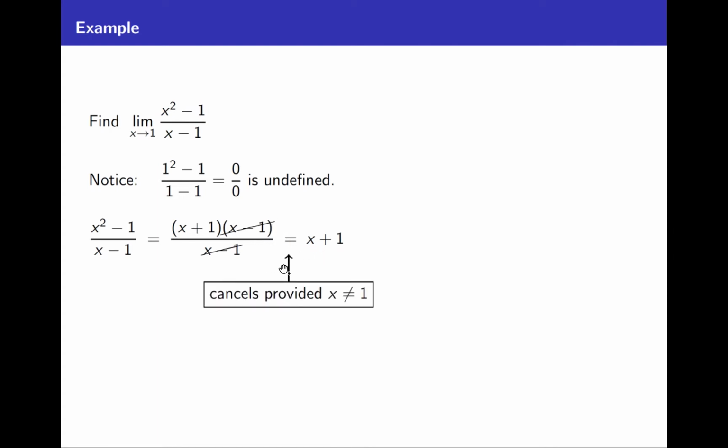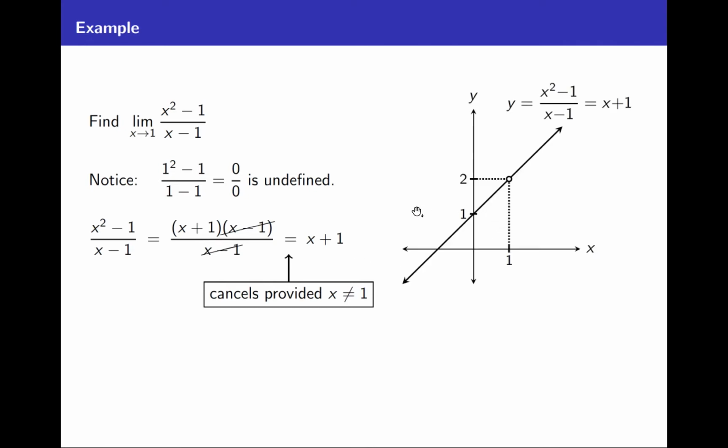You have to be careful because this cancellation only works when x is not equal to 1. If x were 1, you'd have 1 minus 1 divided by 1 minus 1, and that would be undefined. It wouldn't be equal to 1, and it wouldn't cancel and give you the x plus 1. You cannot plug 1 into this function because you get 0 over 0. But otherwise, this function simplifies to x plus 1.